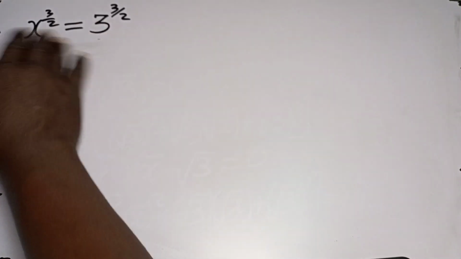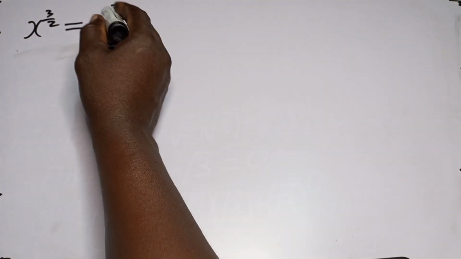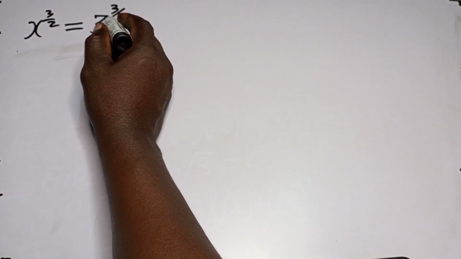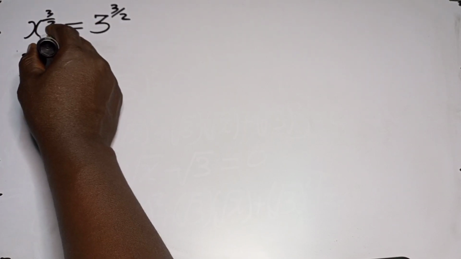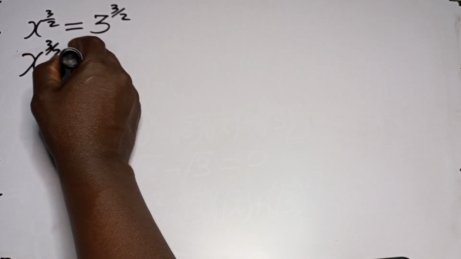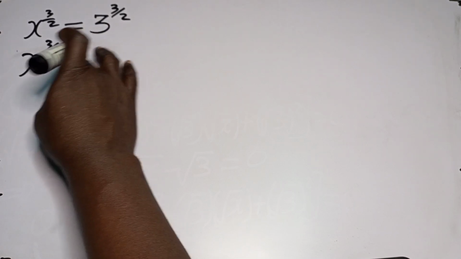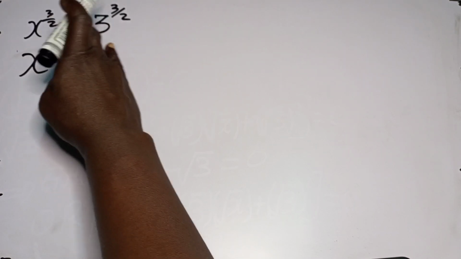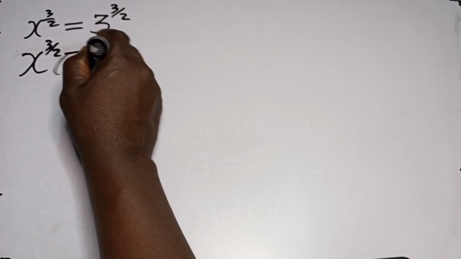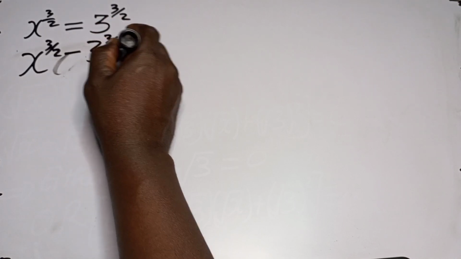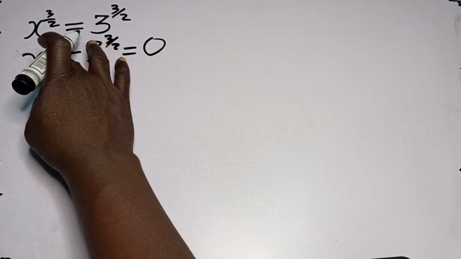Okay. The first thing to do is to move this 3 to the power 3 all over 2 from the right hand side to the left hand side. And so we'll end up with x to the 3 all over 2, minus, this is positive 3 all over 2. When it's coming this way, it will be minus 3 to the 3 all over 2 equals 0.